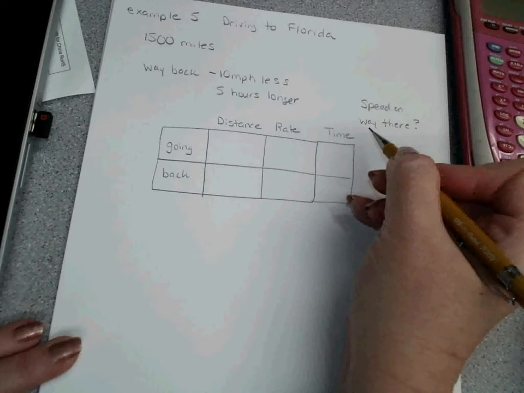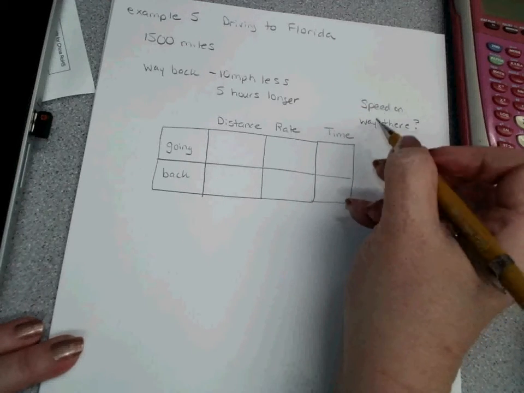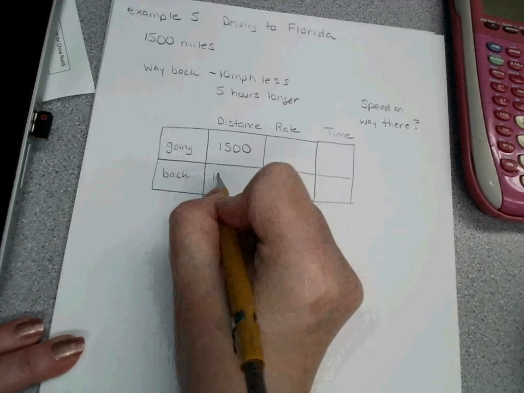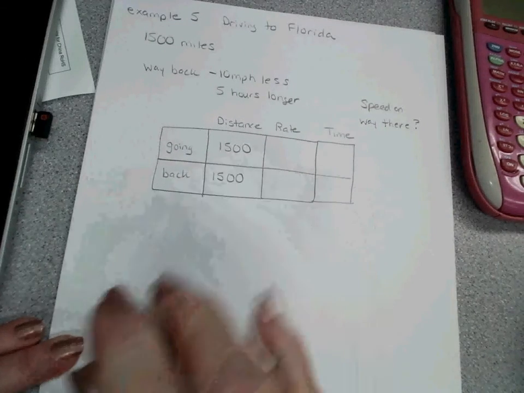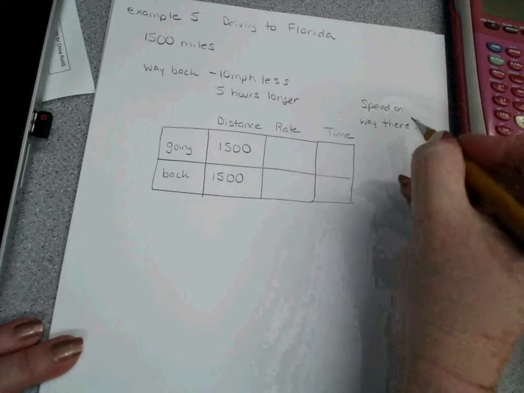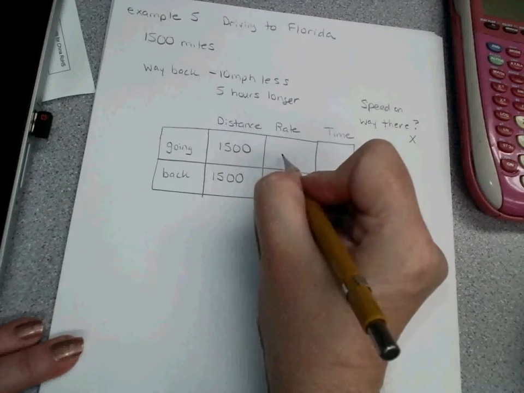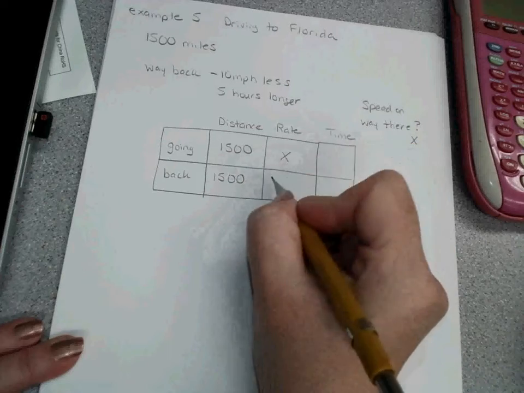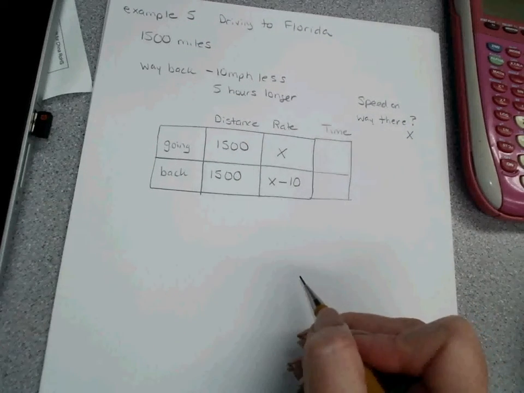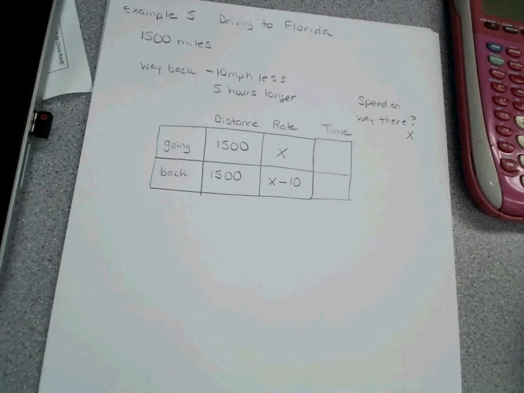So her distance to Daytona Beach is 1,500 miles. Her distance back from Daytona Beach is 1,500 miles. Okay. Her rate going, we don't know. We're going to call it X. But we know coming back, she went 10 miles an hour less. So she slowed down on the way back. She was probably tired from all that sun and sand and beach stuff.